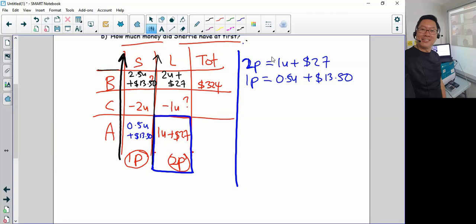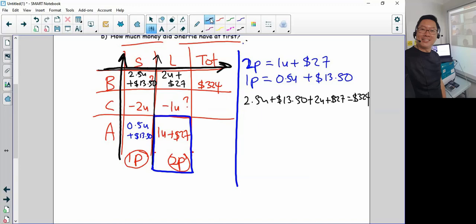The table can flow left to right. So together, they have how much at first? You take Sherry's money, 2.5 units plus $13.50, add it together with Leah's money, 2 units and $27. Add them together, that will be $324. So this is how the table works.